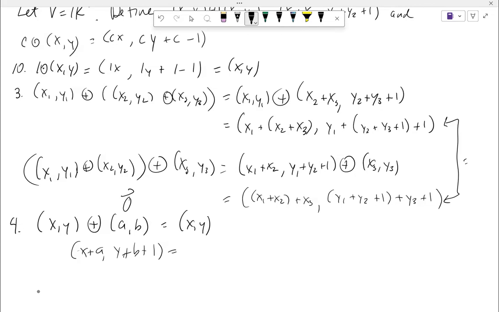And this still has to be equal to x, y, doesn't it? Now, looking at these two vectors, if they're going to be equal, what does your a have to be? 0. Yep. I better have a be 0, but what does the b need to be? It better be -1, right? Because I got to cancel out that +1, don't we? Right. So your zero vector in this case is the vector 0, -1.